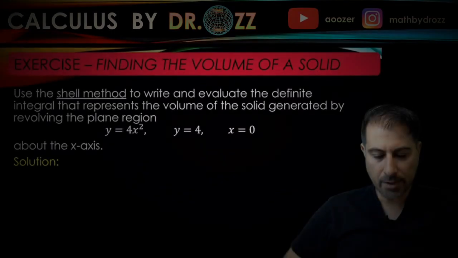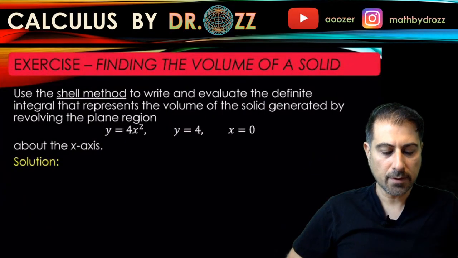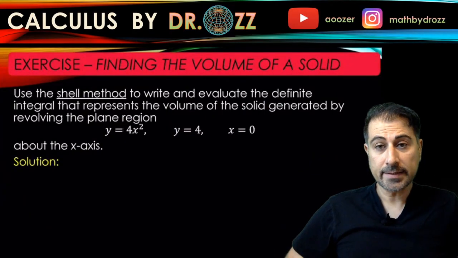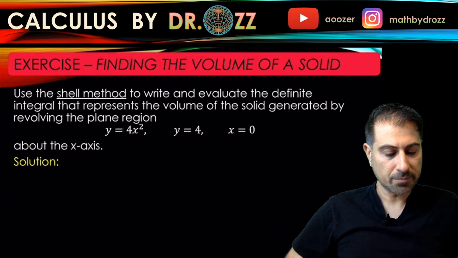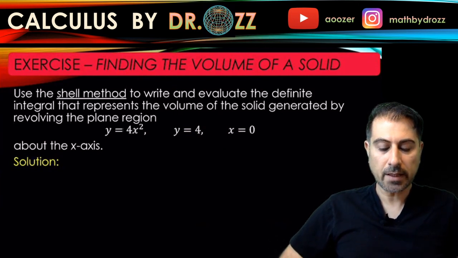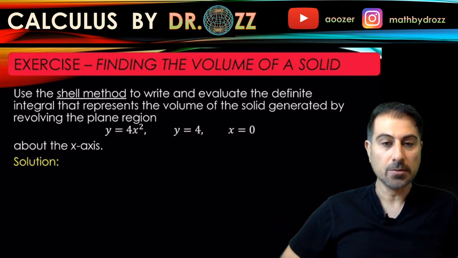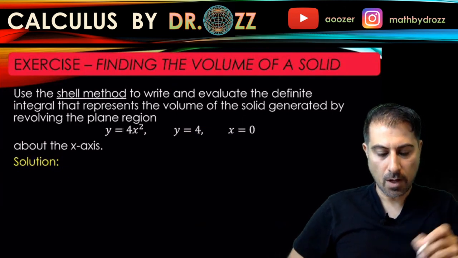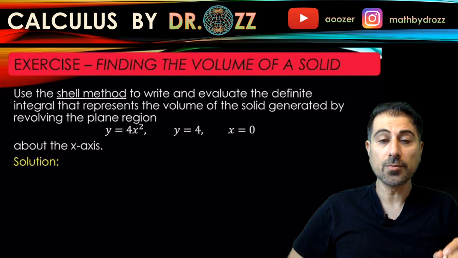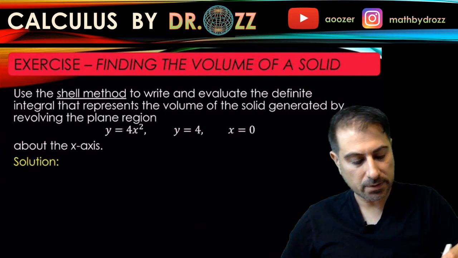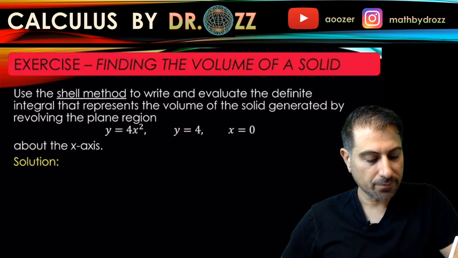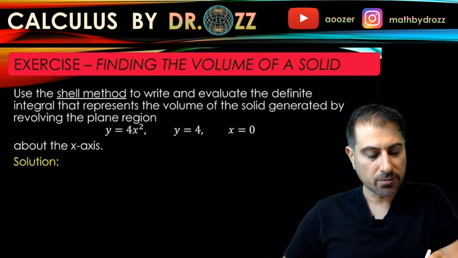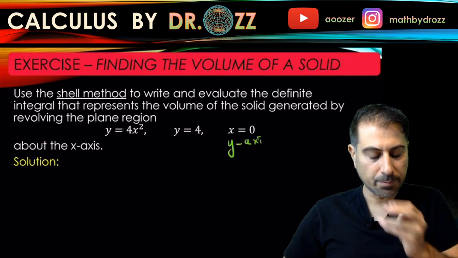All right, let's take care of this problem. We're going to use the shell method to write and evaluate the definite integral representing the volume of the solid generated by revolving the plane region bounded by y equals 4x squared, y equals 4, and x equals 0, which is the other name of the y-axis. y equals 4 is a horizontal line, and this is a parabola.